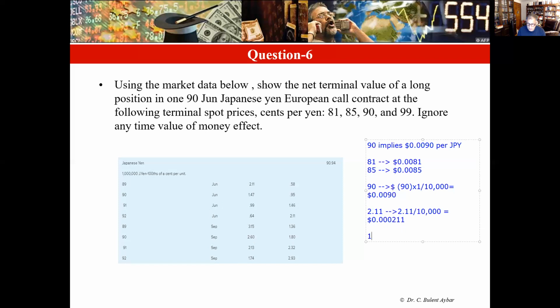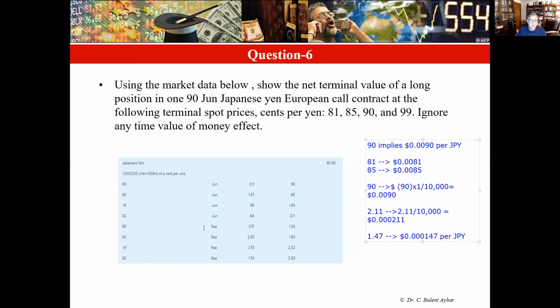So 1.47 implies $0.000147 per Japanese yen. Okay, so these are some of the contract features that we can extract from these prices. This is a typical representation of these contract prices.